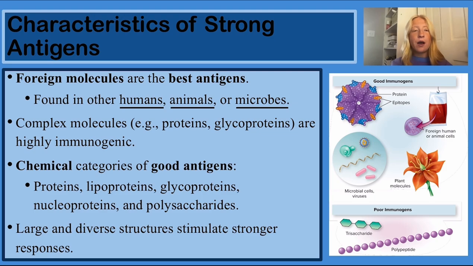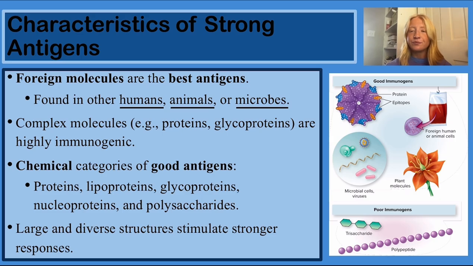Now I'm going to talk about the characteristics of strong antigens. The immune system is wired to recognize things that are foreign. Molecules, microbes, animal cells, or even humans are often seen as threats too. The more complex the molecule, the stronger the immune response it can provoke. Proteins and glycoproteins make excellent antigens because they have varied and intricate structures that immune cells can easily detect.